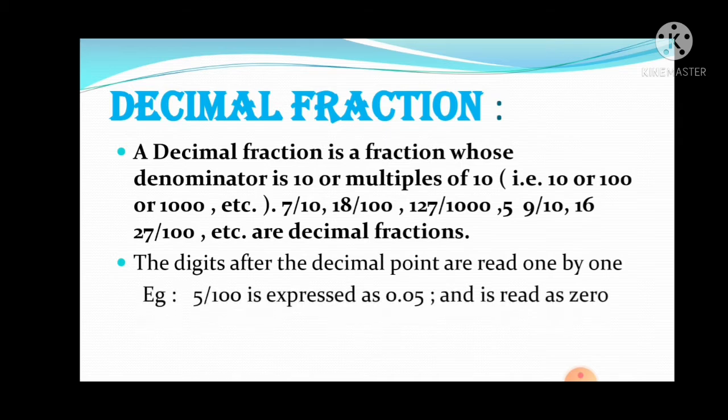For example, 5 by 100 is expressed as 0.05 and it is read as 0.05. The digits after the decimal point are read one by one like this. We need to read decimal numbers like this.